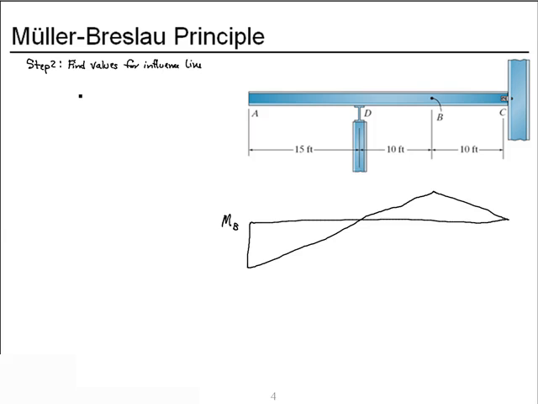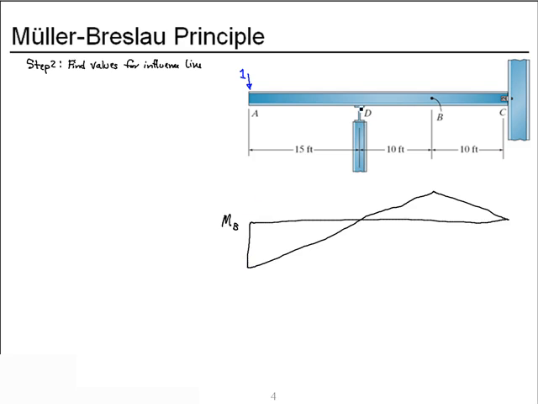Now I could pick just about any point to apply the unit load. I'm going to pick point A. So the unit load will be applied at point A, and we will calculate this value for the influence line.